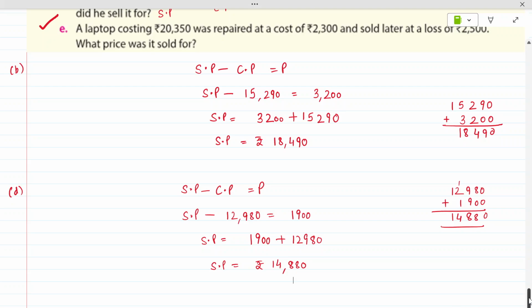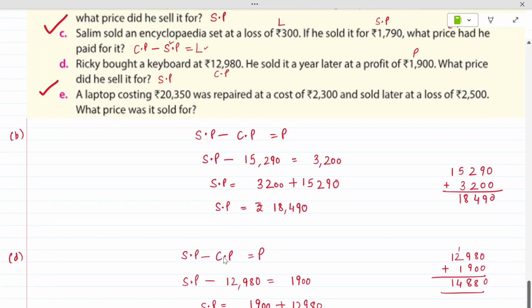Now the last question. A laptop costing 20,350. So this is the CP, the cost of the laptop. It was repaired at a cost of 2,300. So what is this repairing cost, kids? We have done this. This is nothing but an overhead cost on the laptop.